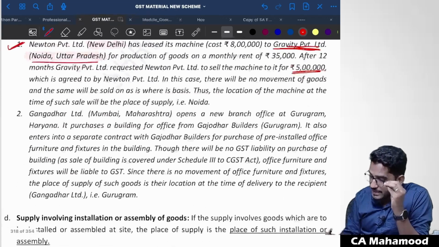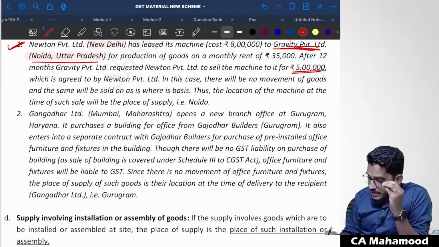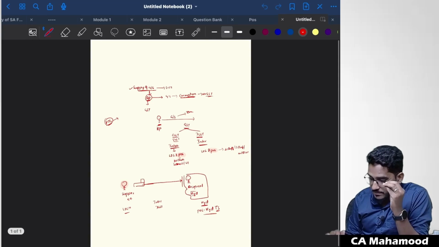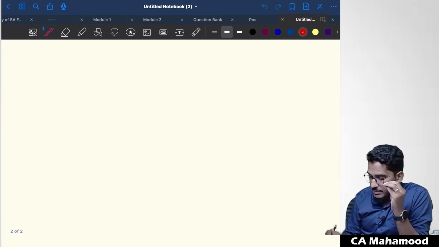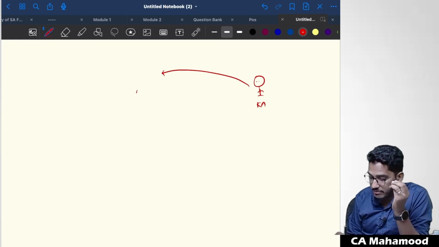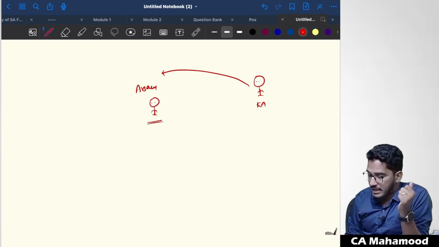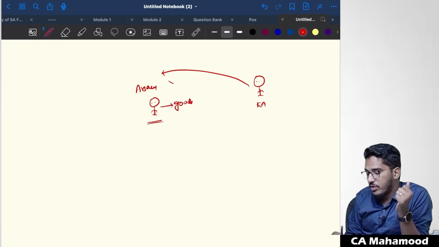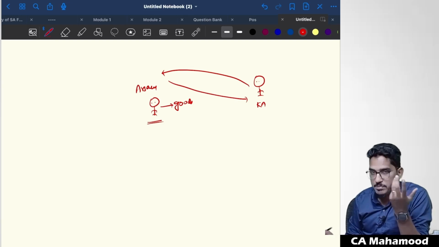Take for example a tourist. A person from Karnataka has gone for tourism purposes. He went to Assam as a tourist and bought goods from a supplier there, and later he brought the goods back to his place.